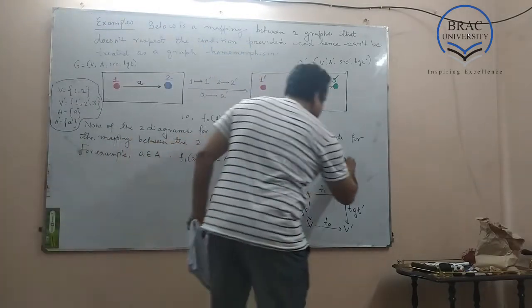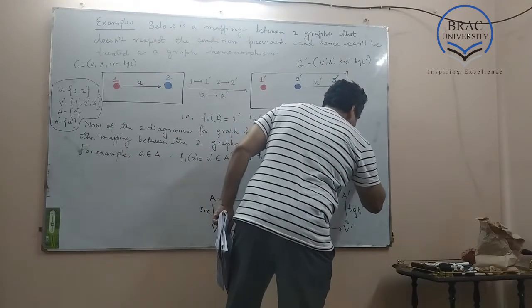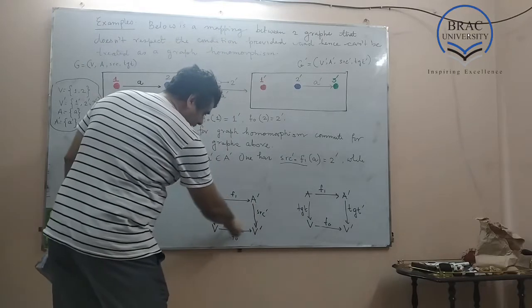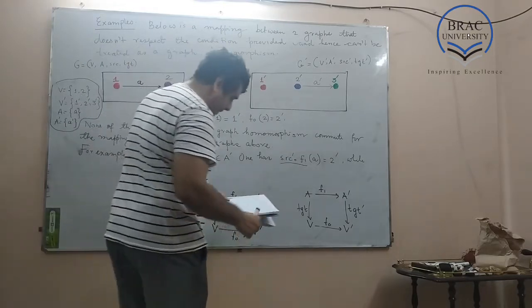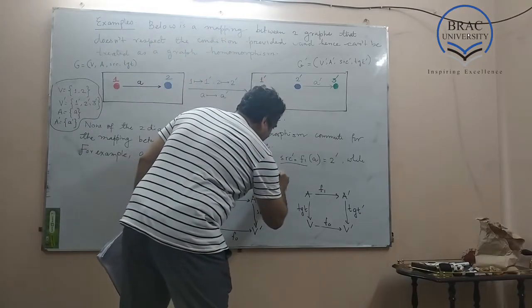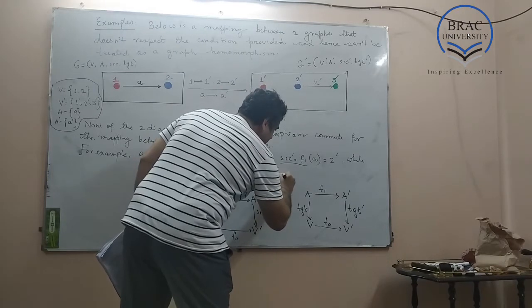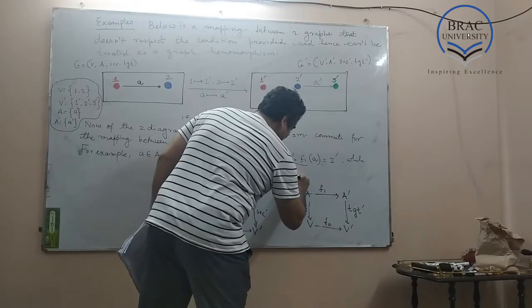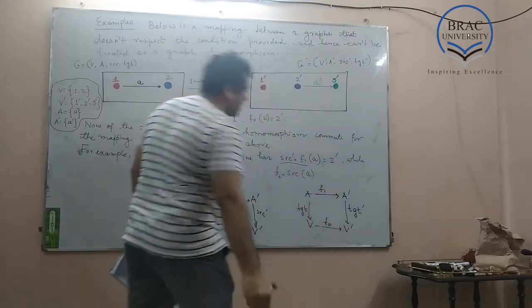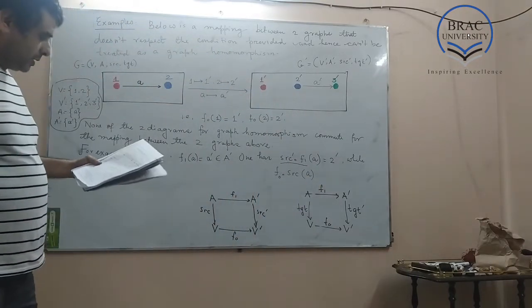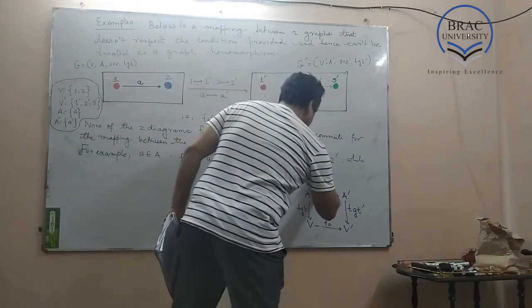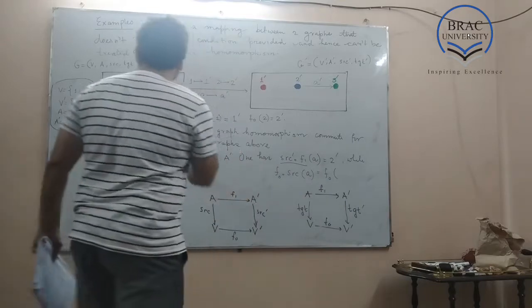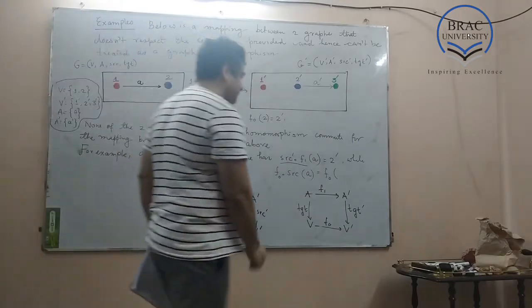While this way, F sub 0 composed with SRC acting on the same arrow A is equal to F sub 0 of, what is the source of A? Source of A is 1.